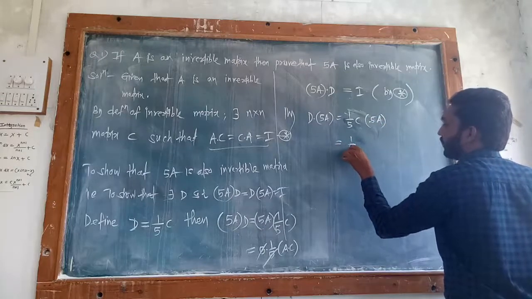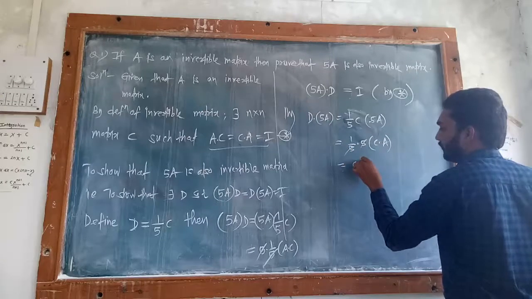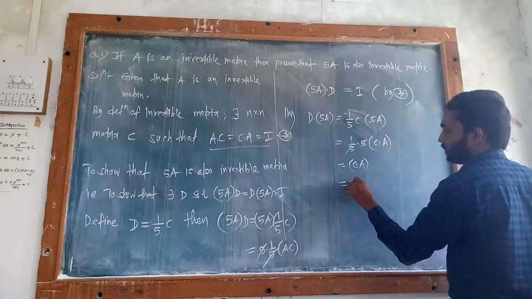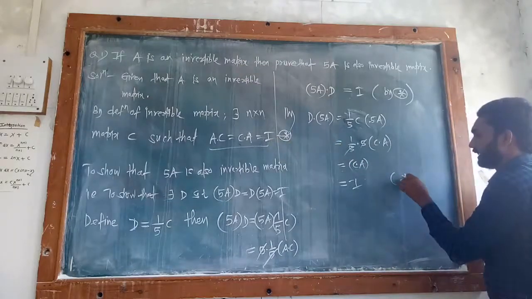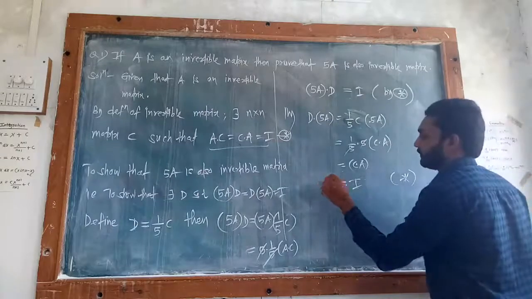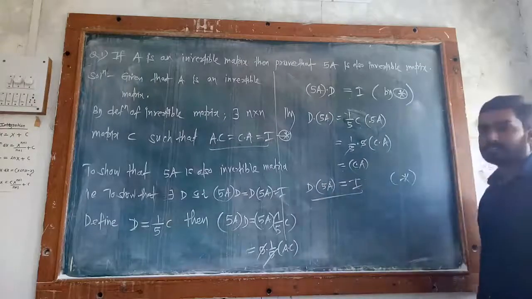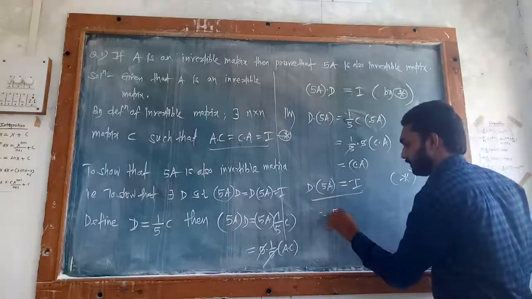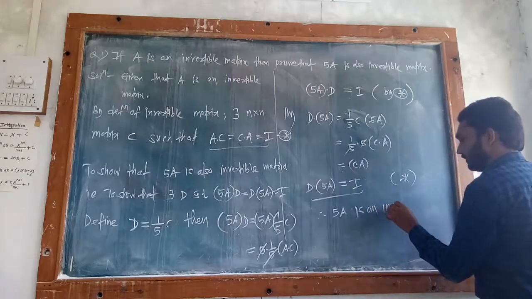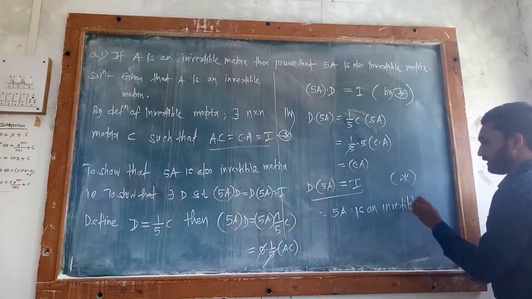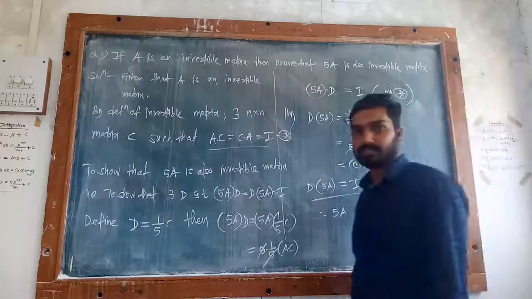So the next step is 1 upon 5 and 5 goes outside, and this is C into A. This 5 now cancels, so remaining only C into A. But the value of C into A becomes the identity by using star. So we get D into 5A equals the identity matrix. Therefore, 5A is an invertible matrix. It is such a simple example. Okay.